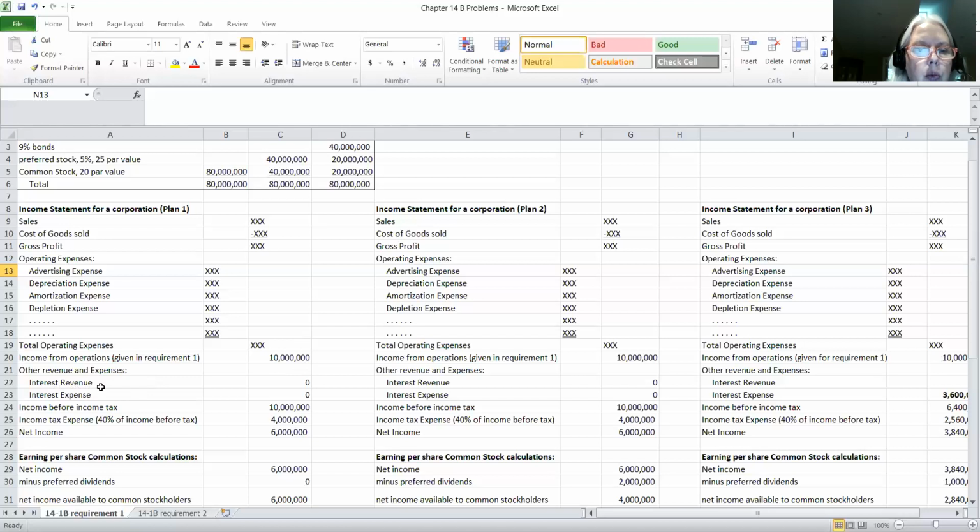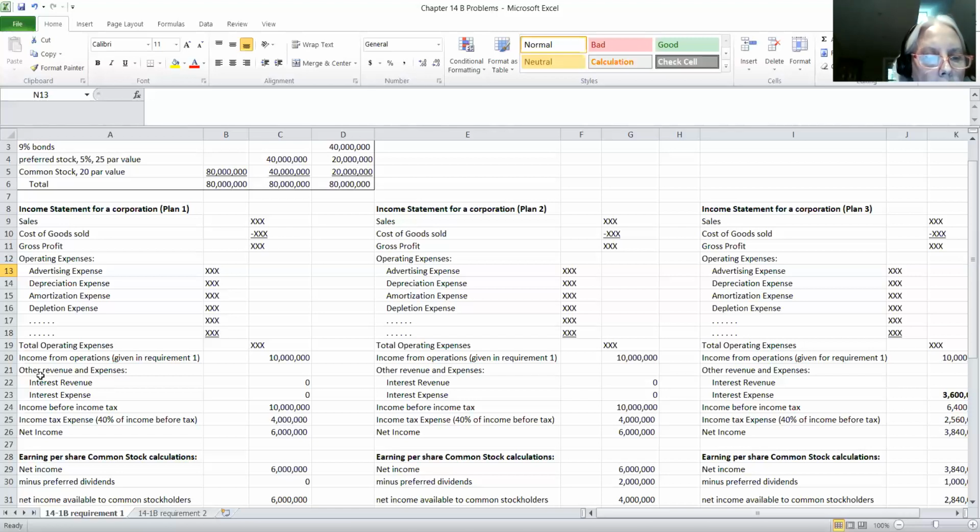Interest revenue would result from you making an investment in another company and earning some interest off of that. We'll be talking a lot about interest revenue in the next chapter, but I wanted to go ahead and show you that interest revenue could come under the category other revenues and expenses.